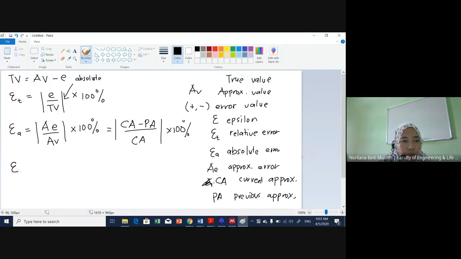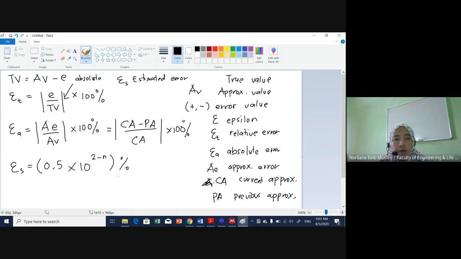Okay, so next we have the estimated error, epsilon S. It is given here as 0.5 times 10 to the power 2 minus n, percent.